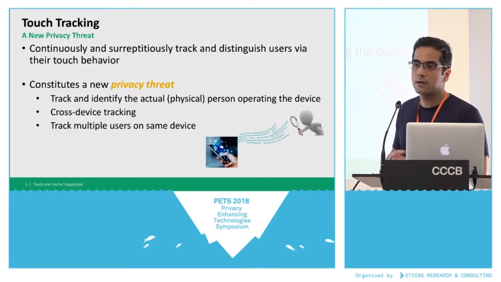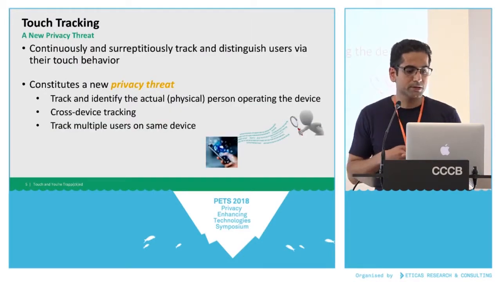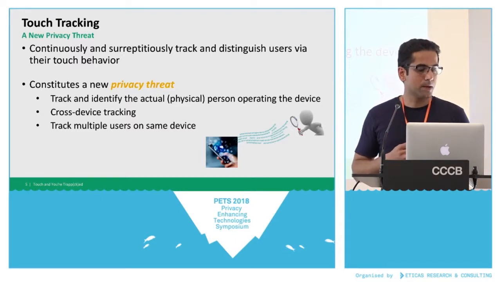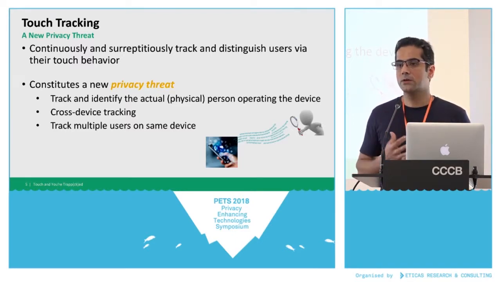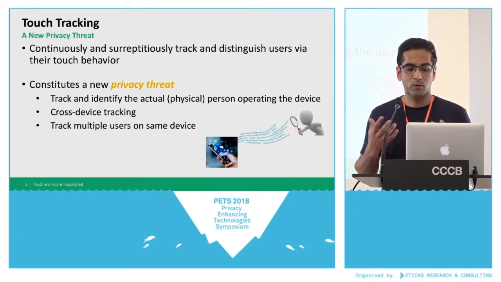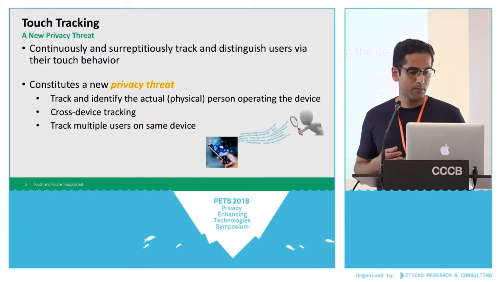In particular, I'm going to talk about touch tracking. What is touch tracking? We define it as tracking a user continuously and in the background, without the knowledge of the user, while the user uses their phone or other device in a normal way.